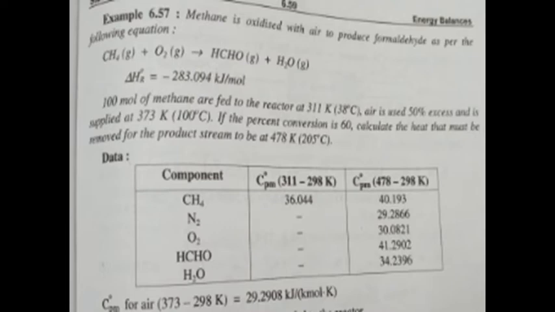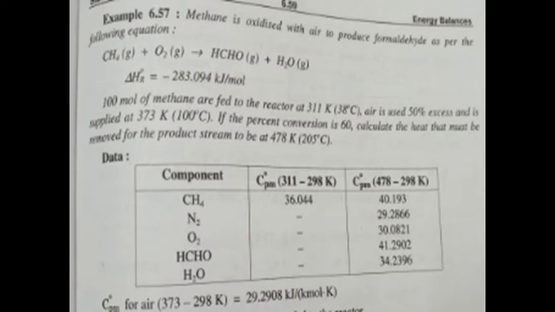We have totally 5 components. Why? Because methane is oxidized with air, so we will consider nitrogen also. So: methane, nitrogen, oxygen, formaldehyde and water. CPM for 311 to 298 Kelvin is the reactant temperature range. Which one is the reactant here?